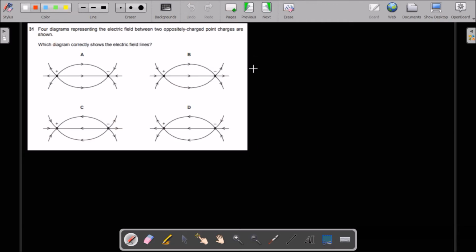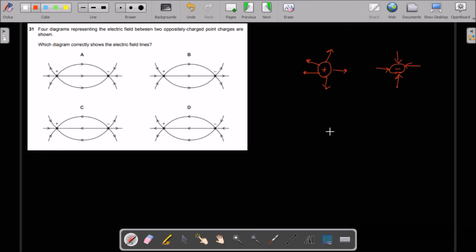Question 31. It asks which diagram correctly shows the electric field lines. We know that for a positive charge, the electric field is radial and outward. For a negative charge, it is inward.